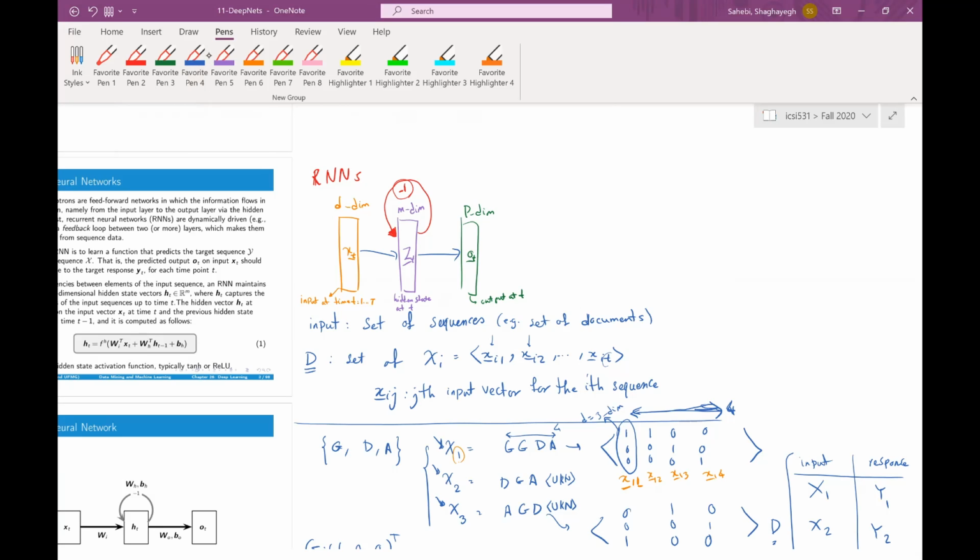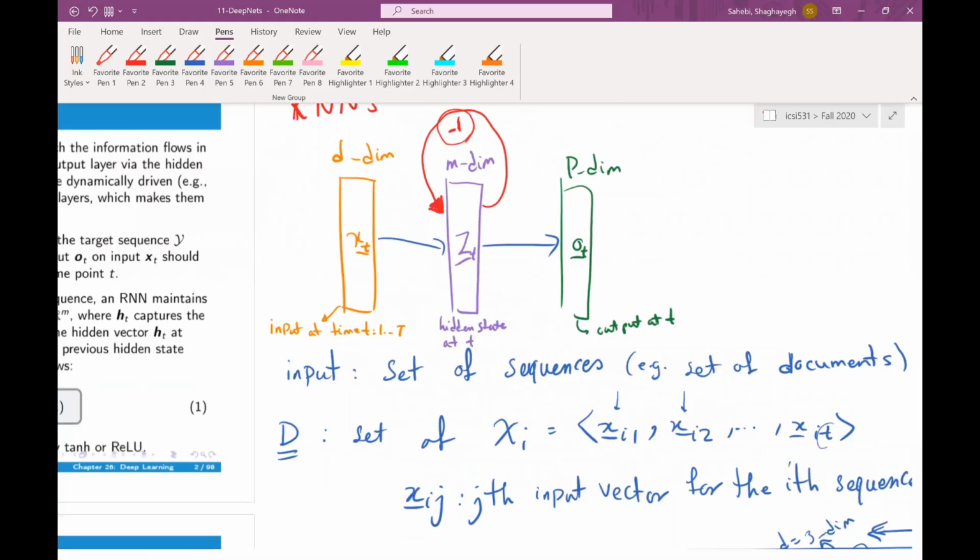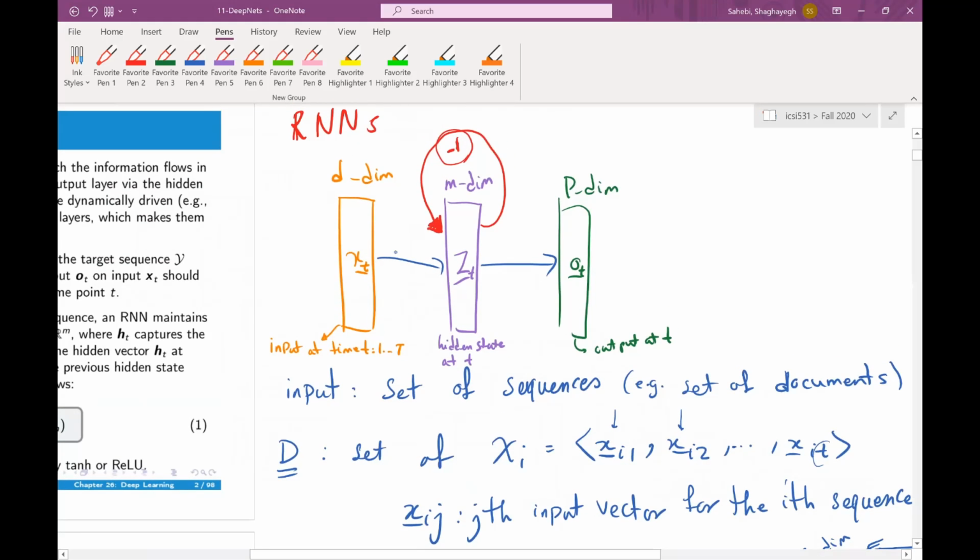Now, what are the parameters that we have? Similar to MLP, we have W input to hidden layer at time t, and B, the bias vector of the hidden layer at time t. And this is W of hidden to output layer at time t, and B of output layer at time t.